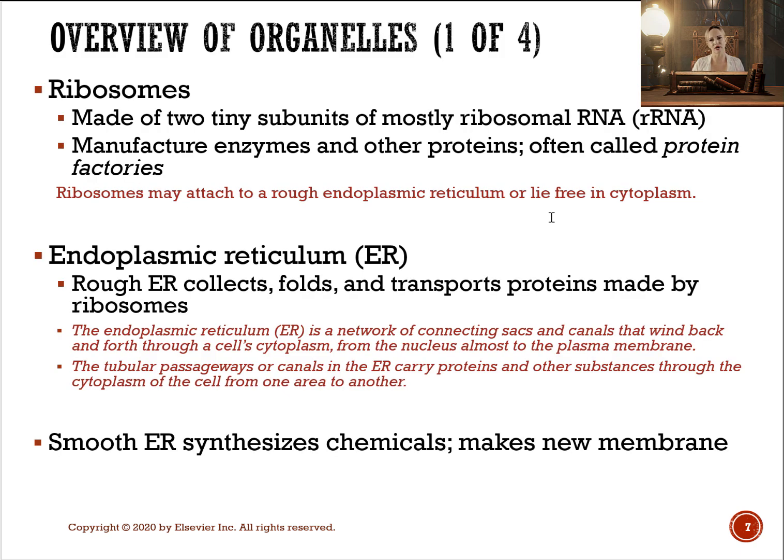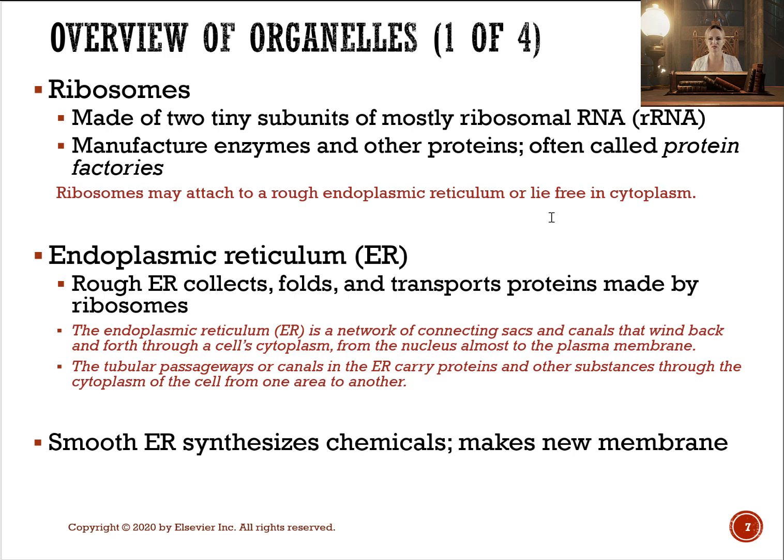So let's look at some of the organelles that are going to be inside this cell. We have some ribosomes. These are made of two tiny subunits of mostly RNA. They manufacture enzymes and other proteins, often called protein factories.